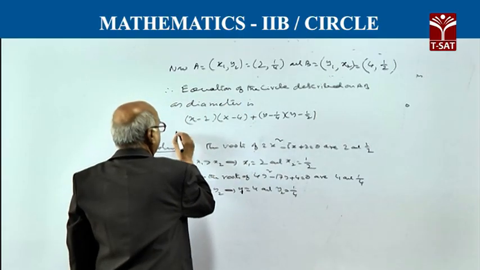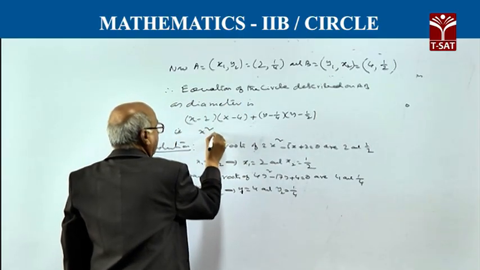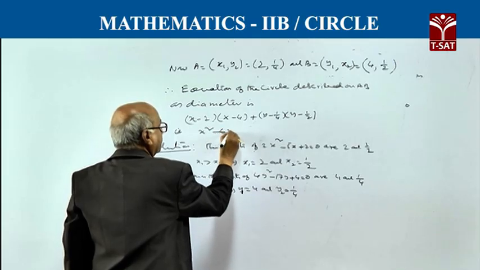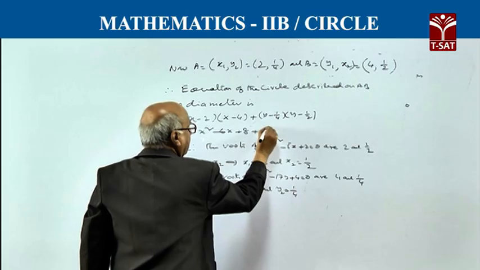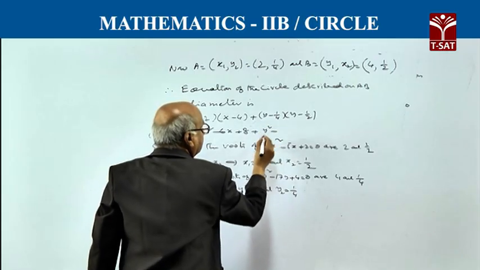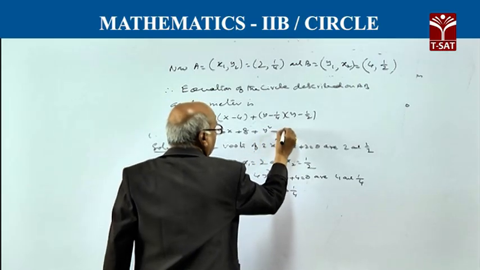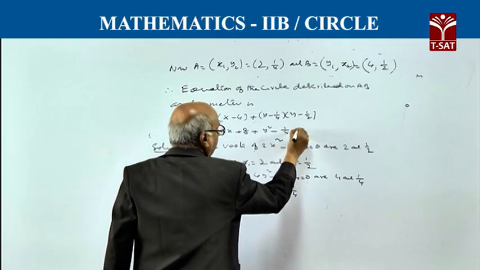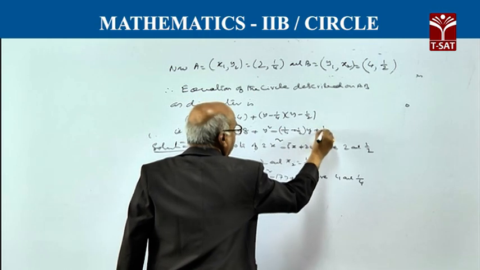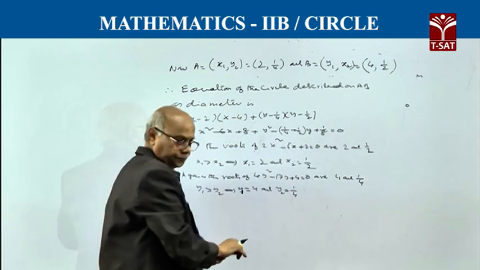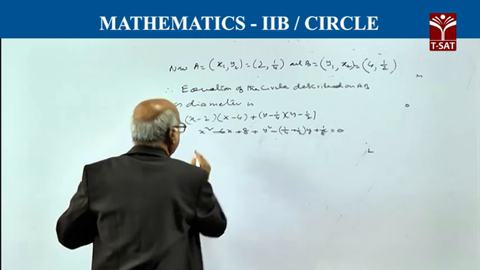So that means x square minus 6x plus 8 plus y square minus (1 by 4 plus 1 by 2) into y plus 1 by 8 is equal to 0. Now 8 is the LCM.